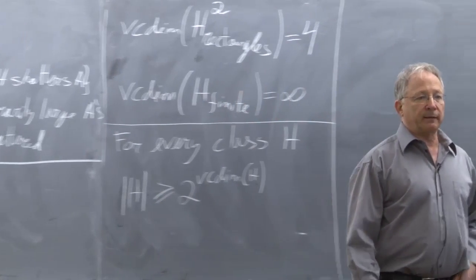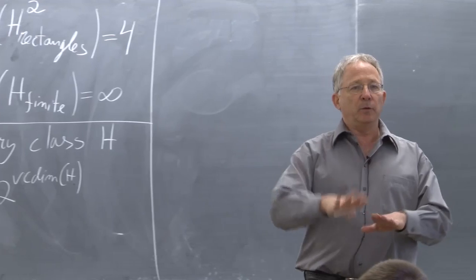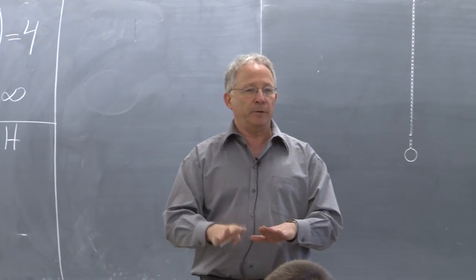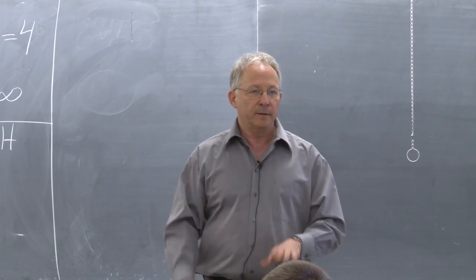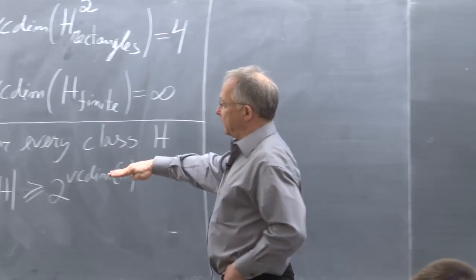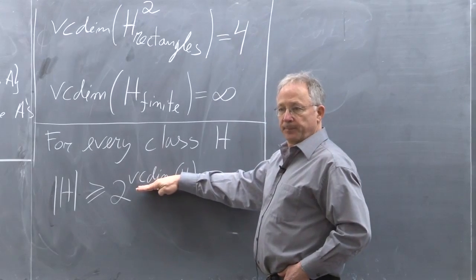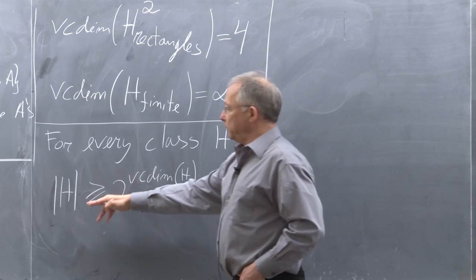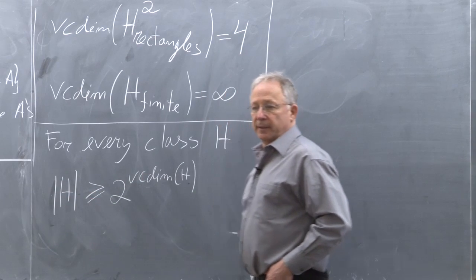But to shatter a set A, I need 2 to the size of A many hypotheses to cut all subsets of A. So if I want to shatter a set of size D, I need at least 2 to the D many hypotheses in H.